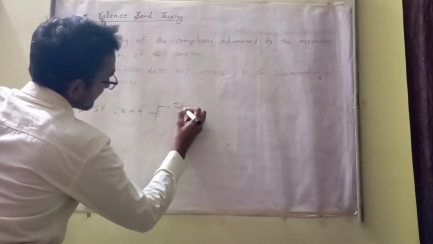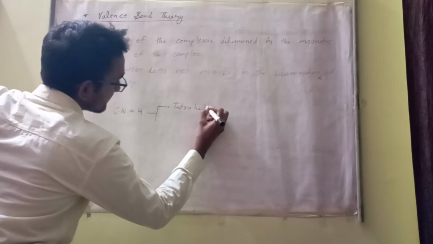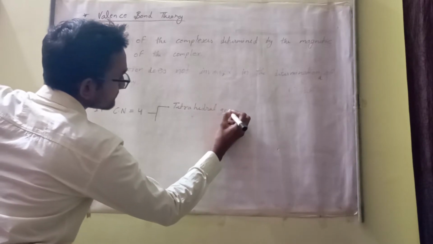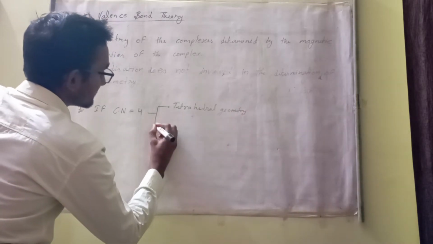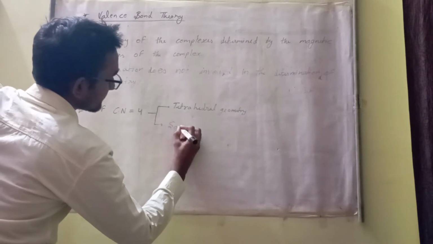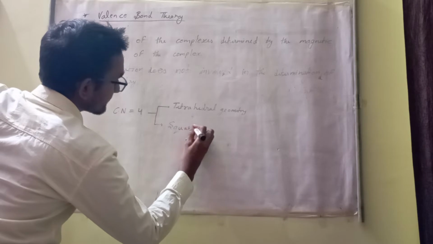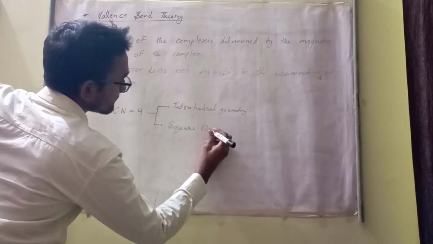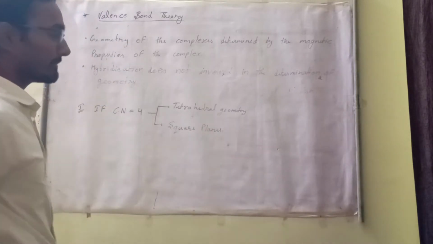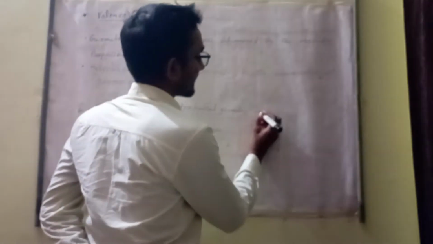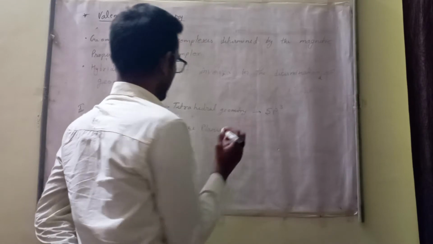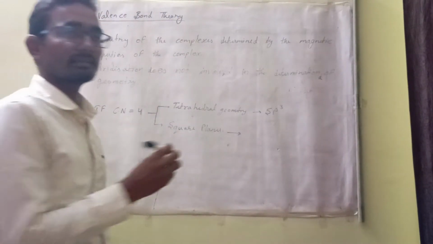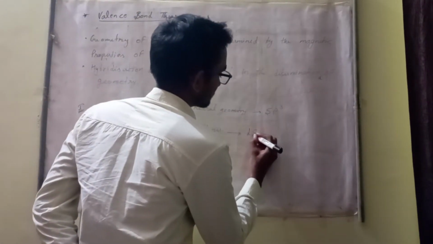First is tetrahedral geometry and the second one is square planar. If it is tetrahedral, then sp3. If it is square planar, then it is dsp2.